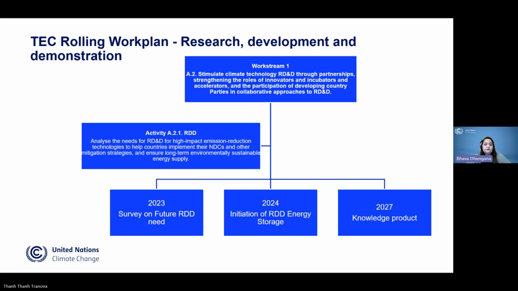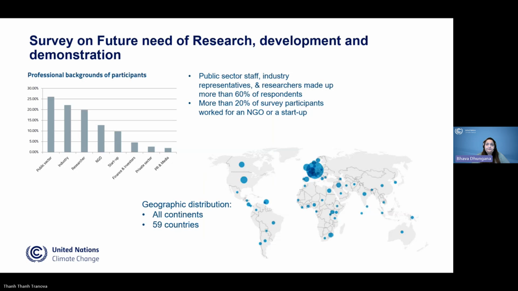In order to do that, the TEC conducted a survey looking at the future of RD&D needs. Based on that survey, it has initiated work on RD&D on energy storage, and it will be developing a knowledge product, including key policy recommendations, by 2027. So next slide, please.